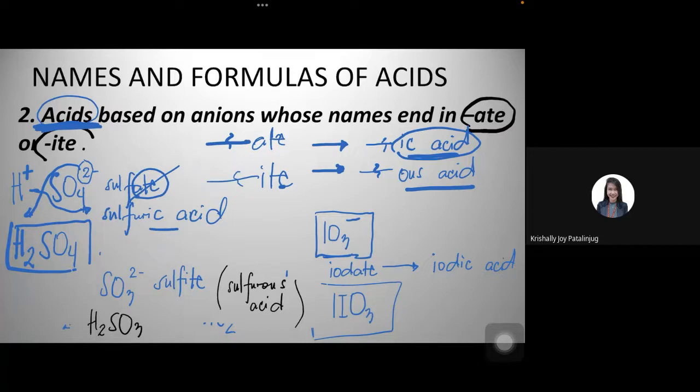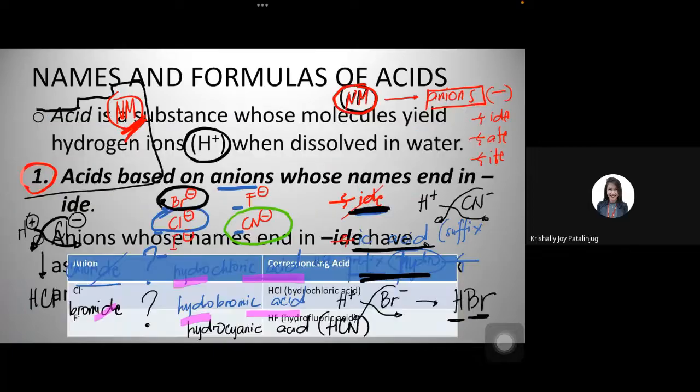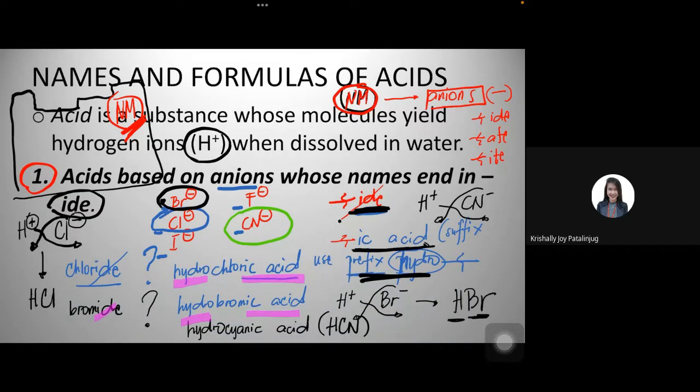Those are the acids that we can derive from an ion. Recalling all of them: if it ends with ide, you should make use of the prefix hydro, then change the ide ending to ic acid.